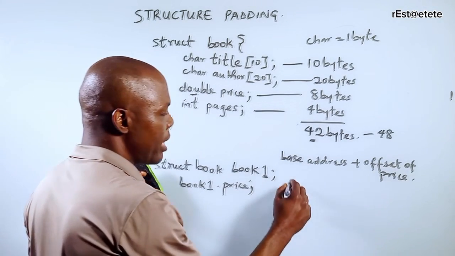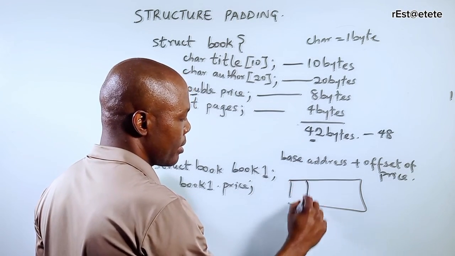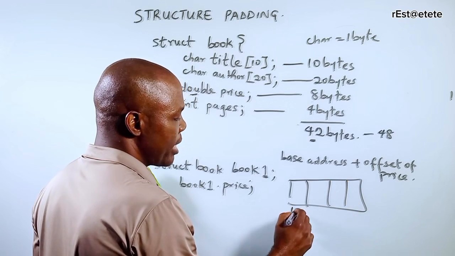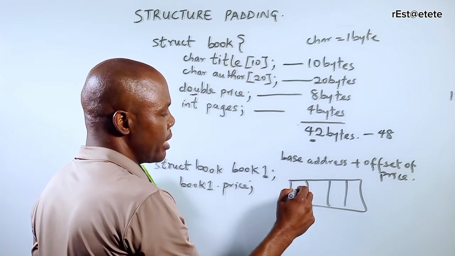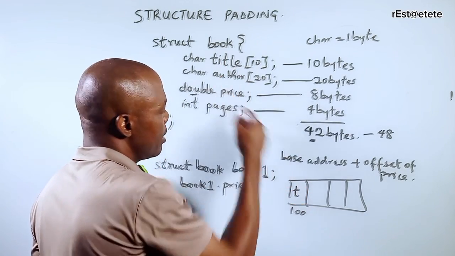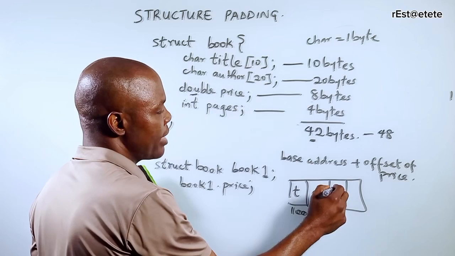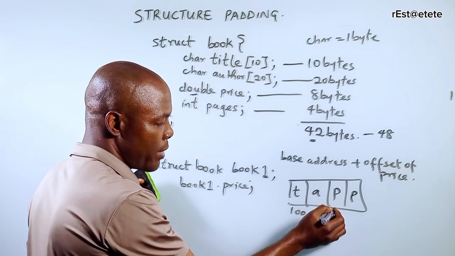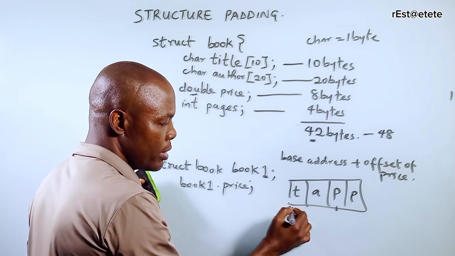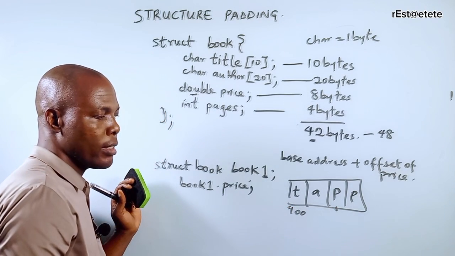So if we have something like this, and the base address is 100, and title is here, author is here, and price is here, and then pages is here. The position of this price from the base is what you call the offset.